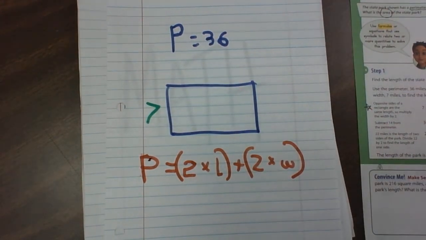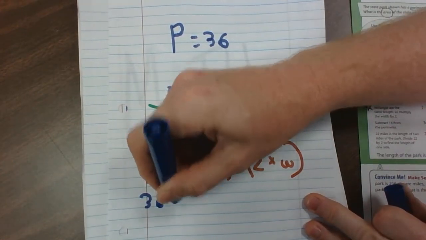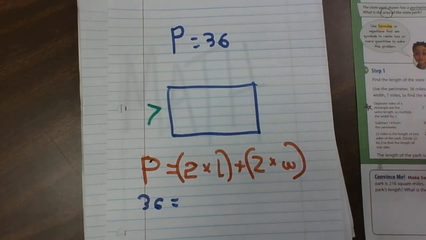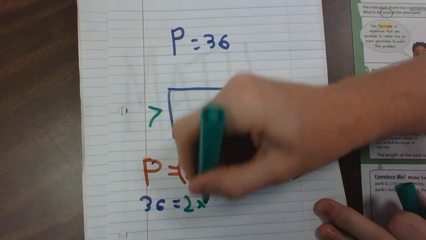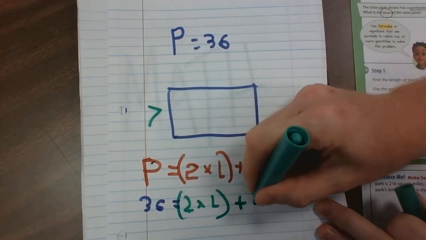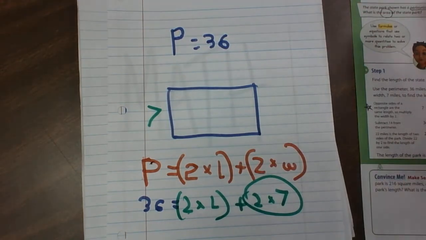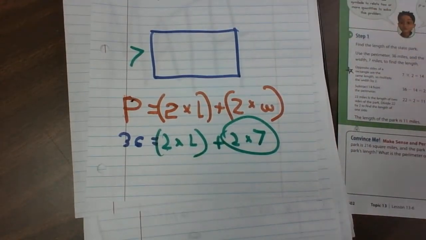So we've got the perimeter is 36. It equals, what's the length? We don't know the length, right? So it's going to be 2 times the L. We don't know that yet. Plus 2 times the width. That we know. All right? You see it?